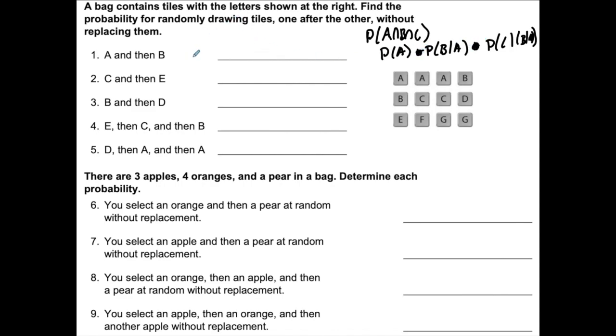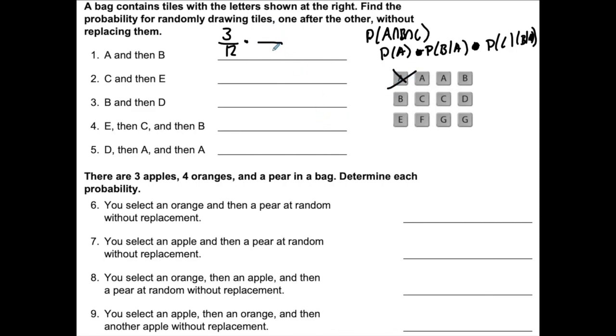So, what's the probability that we choose A? There are, first of all, 12 tiles. I'm just going to leave these as fractions because I've got the freedom to do that. 3 of them are A's. So I have a 3 in 12 chance of drawing an A. Once I pick out an A, that's gone.